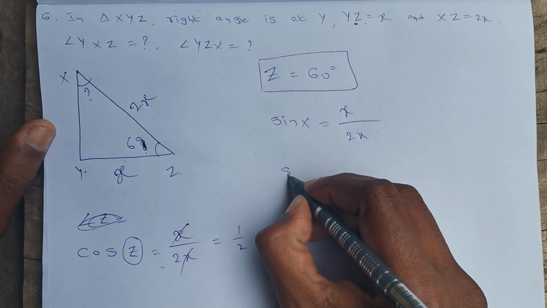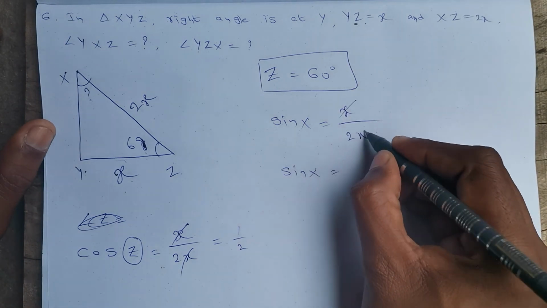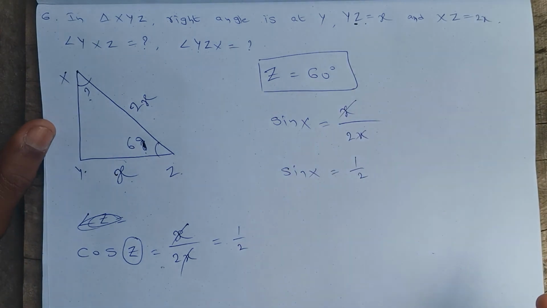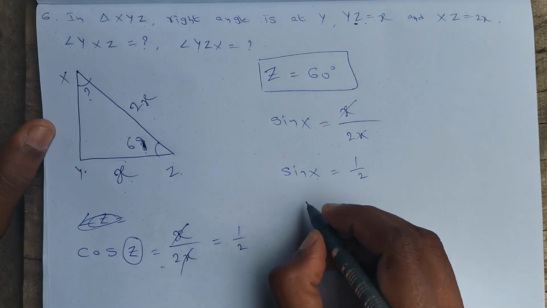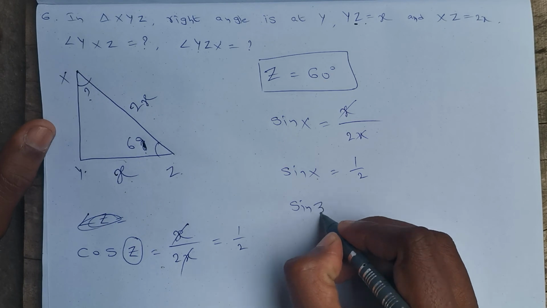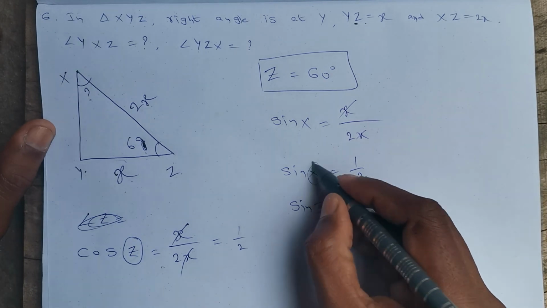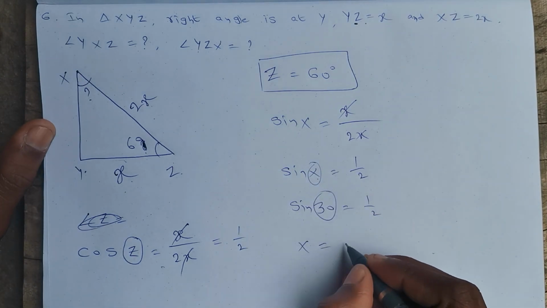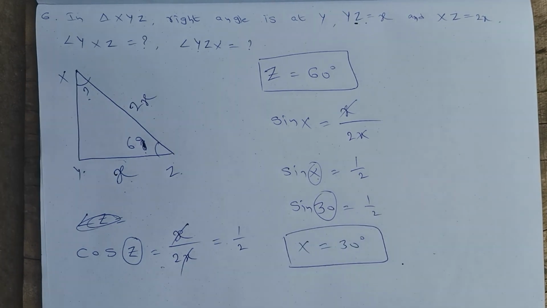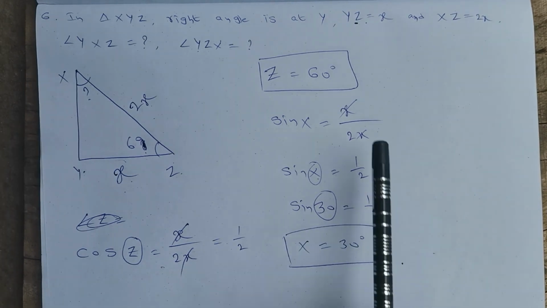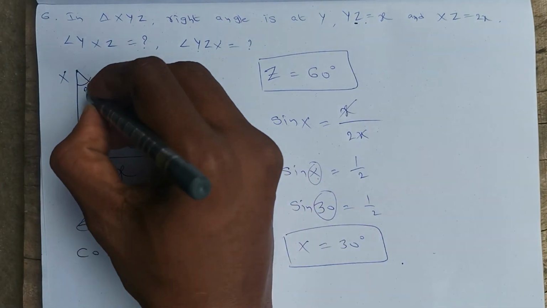So sin x is equals to, here x cancels, so we remain with 1 by 2. Which angle will give sine value as 1 by 2? It is 30 degrees. Sine 30 degrees is 1 by 2. So x value is 30 degrees, Z is 60 degrees.